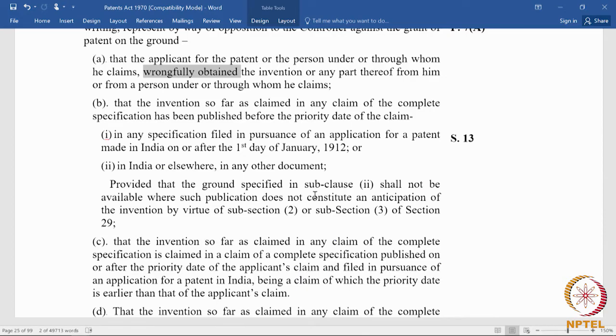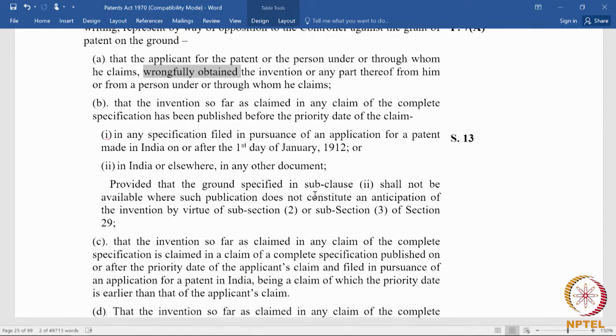He left the firm, resigned from the firm and filed a patent. So, there could be n number of instances where a person can make a charge that the invention was wrongfully obtained. Wrongfully obtained in a sense means that a person who filed the application was not the person who was entitled to be the applicant.